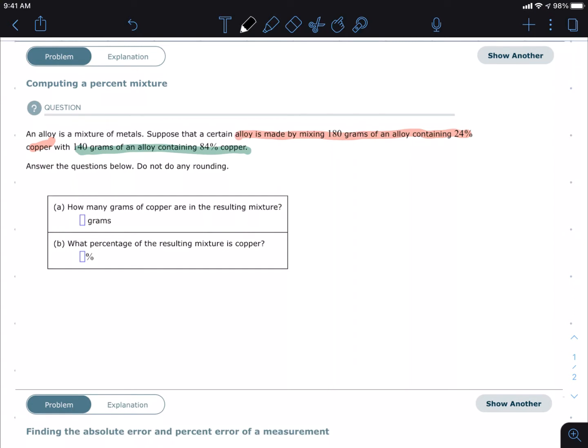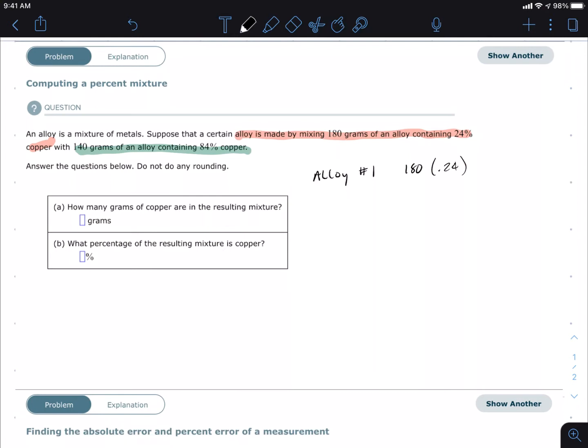Okay, so in that first one, in alloy number 1, I'm going to have 180 grams times 0.24 so that I know how many grams of copper I have in alloy number 1. Does that make sense to everybody? We're okay?